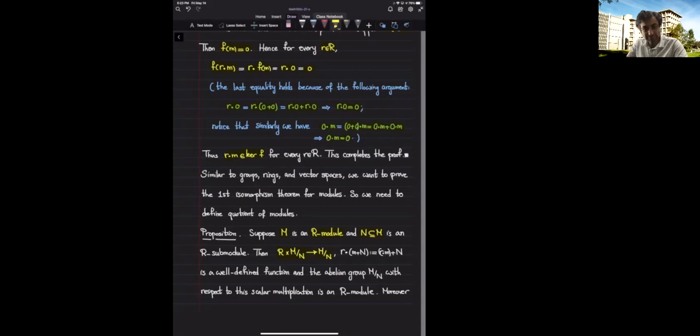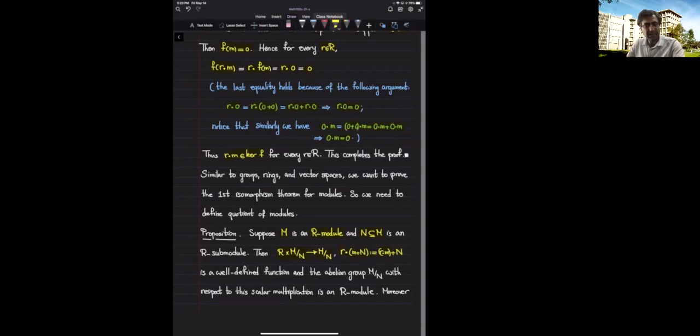Now, the next level that I want to go is to define a scalar multiplication on this abelian group M over N. What is the scalar multiplication? I pick a scalar r and I pick an element inside the quotient, let's say it's represented by the element m. I simply multiply r by m and consider the coset that r times m represents.